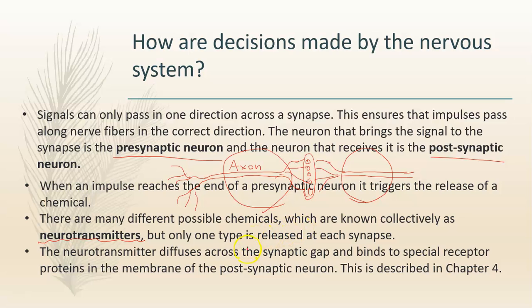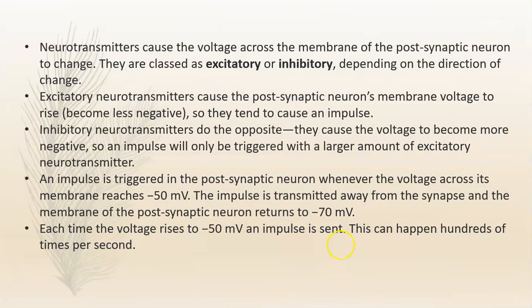The neurotransmitter diffuses across the synaptic gap. This area is the gap. And it binds to special receptor proteins in the membrane of the postsynaptic neuron. So it will be released here and bind to the postsynaptic neuron. This is described in chapter 4, so we have already discussed this before.